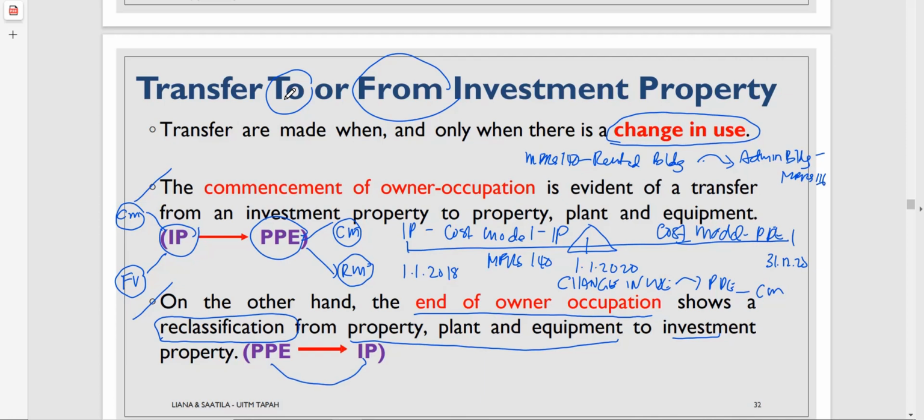It will not use MFRS 116 from the date of transfer, but will start using MFRS 140 requirements. And again, cost model or revaluation model is also the issue here. And for the IP, whether after the date of transfer it would be using the cost model or the fair value model will be covered in the following videos.